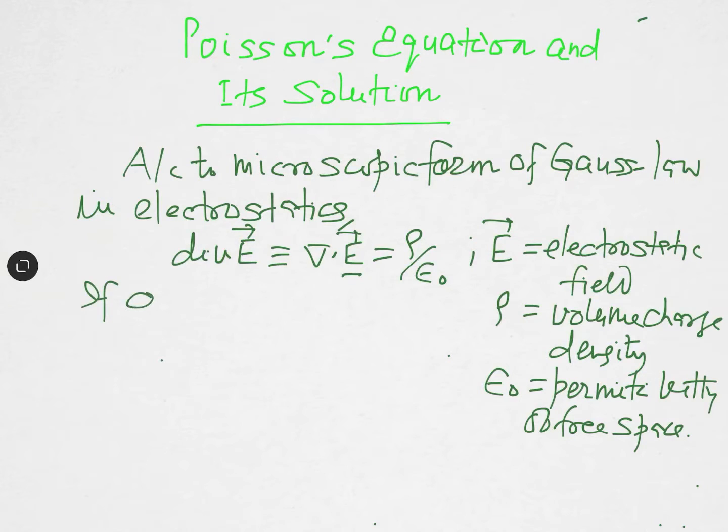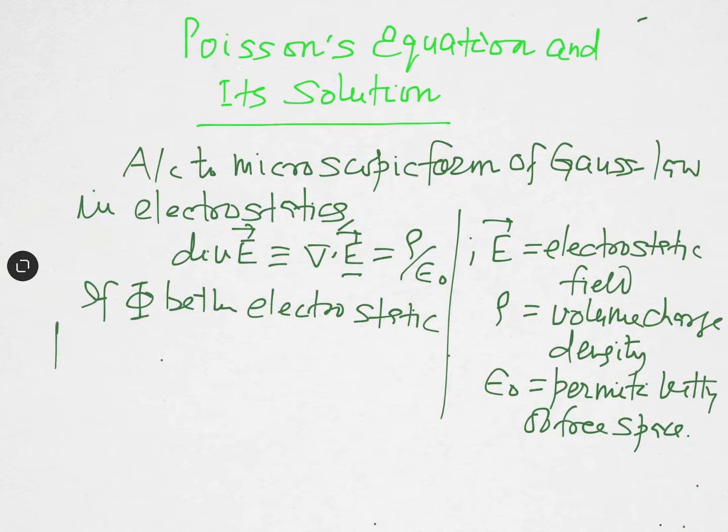If phi be the electrostatic potential, then we know that the electrostatic field is equal to simply the negative gradient of the electrostatic potential. So we write E equal to minus del phi.